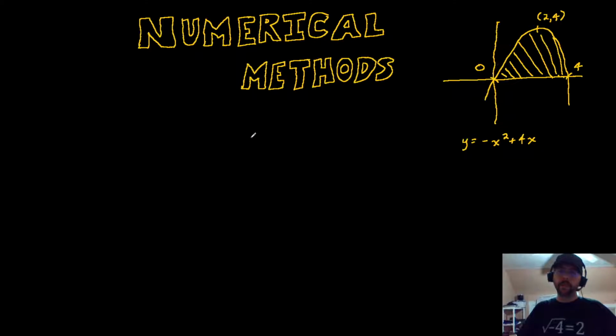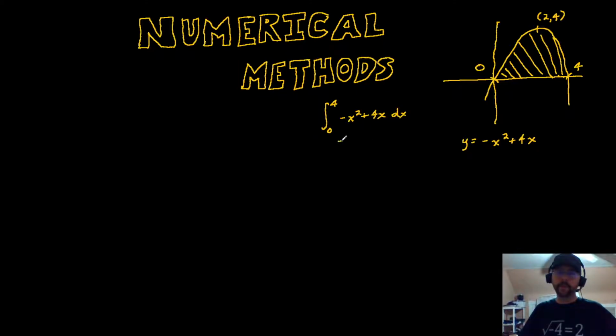First, I'll do the integration technique, since in this case it happens to be really easy anyway. So this is the integral from 0 to 4 of f of x, which is negative x squared plus 4x, dx.